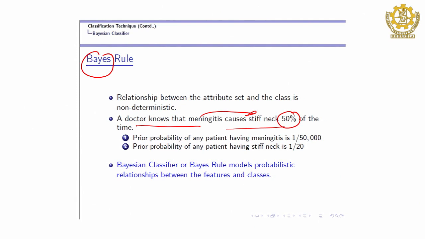But without having this information, what is the probability in general? The probability of having meningitis is very low, that is 1 by 50,000, and the probability of having a stiff neck is 1 by 20.